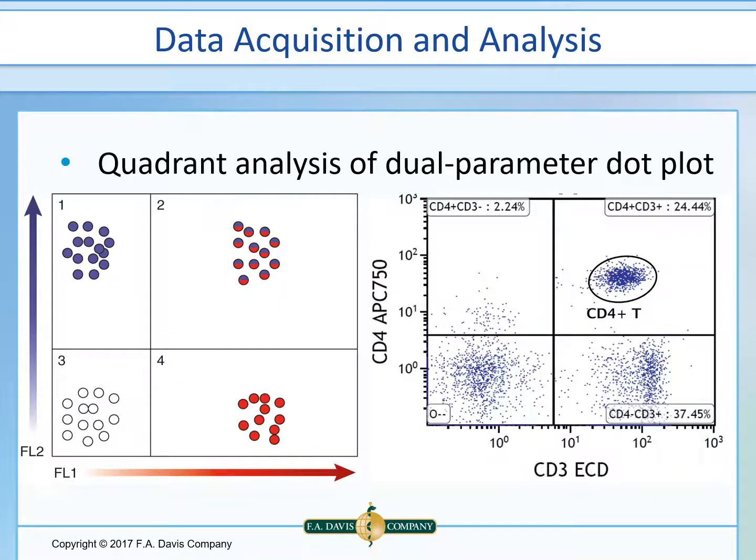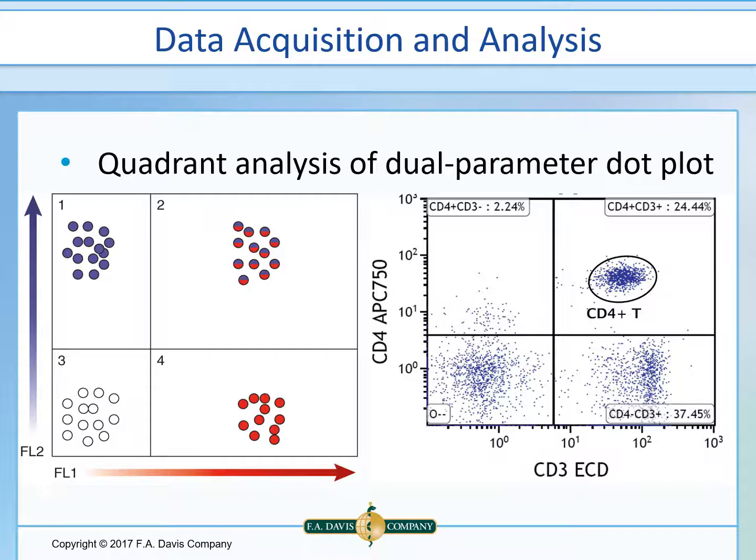When analyzing a population of cells using a dual parameter dot plot, the operator chooses which parameters to analyze on both the x and y axes. The operator divides the dot plot into 4 quadrants, separating the positives from the negatives in each axis. Quadrant 1 consists of cells that are positive for fluorescence on the y-axis and negative for fluorescence on the x.